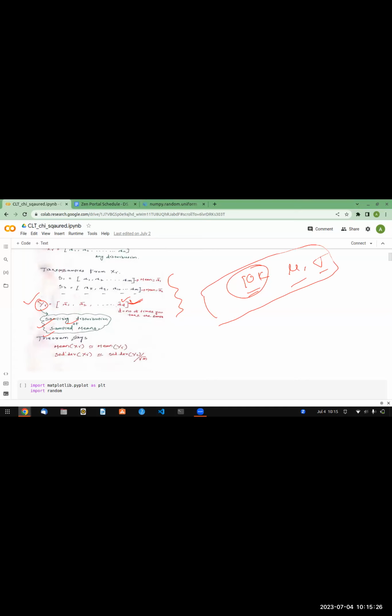And the mean of this yi will be nearly equal to the mu of that unknown distribution xi, according to the central limit theorem. If you have 10K data points and you don't know the mu and sigma, and you don't want to calculate using all 10K data points, you follow these steps: collect this yi, the sampling distribution of sampled means, and calculate the mean of that data. This will be nearly equal to the mean of the whole population data.